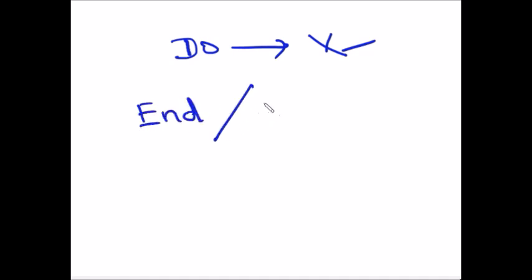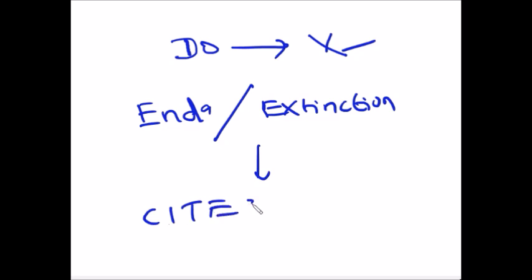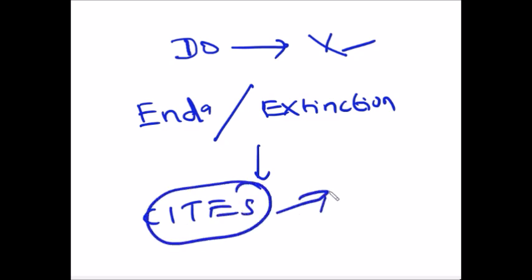So the simple objective of CITES is: do the international trade, no problem for us, but the species should not become endangered or face extinction pressure. If it faces endangered or extinction pressure, then CITES will come and place restrictions. That is the objective of the CITES Convention.